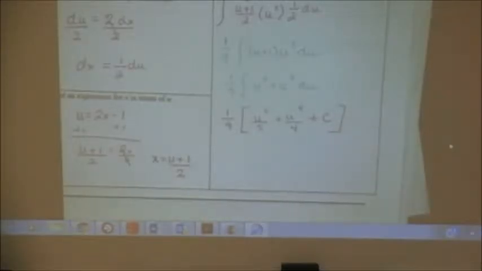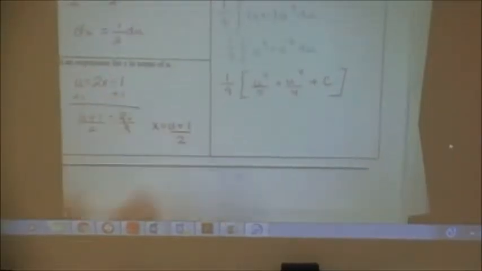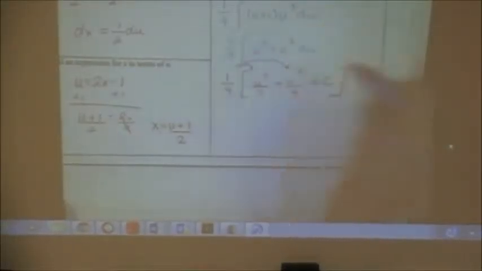Does it say? Wait, what? Where'd I lose you? Hold on. And now all we have to do is just put back our u. I am going to go ahead and distribute the 1/4 back into each piece just to make it more polynomial-ish. So I'll do this in 2 steps.